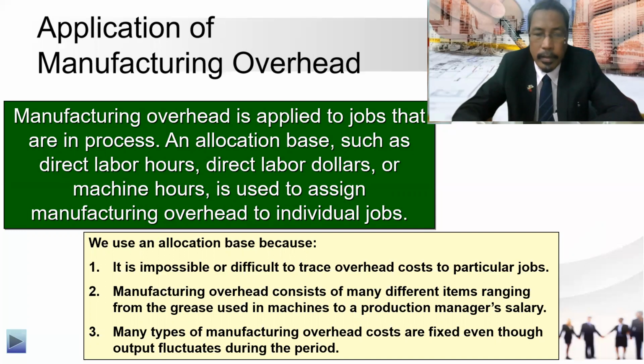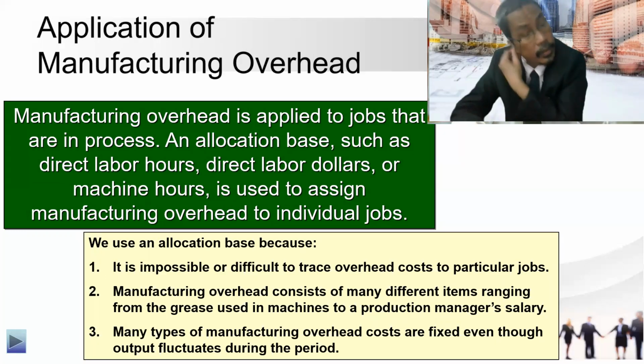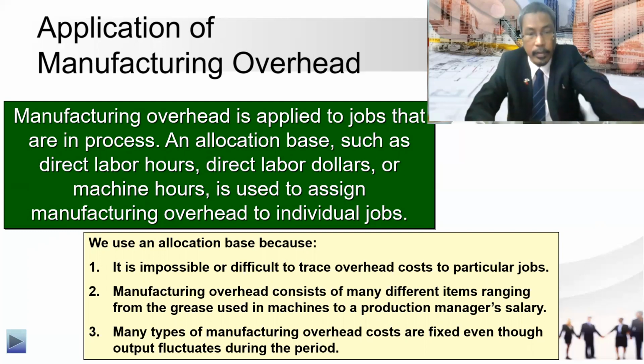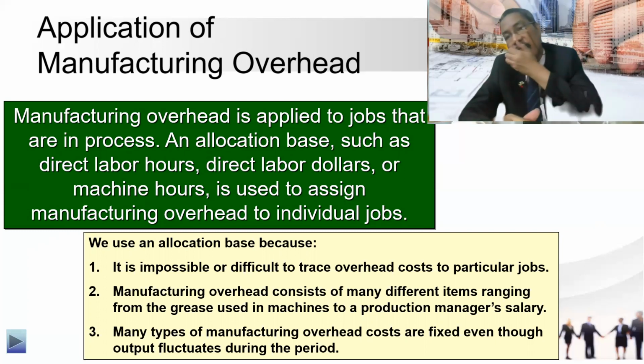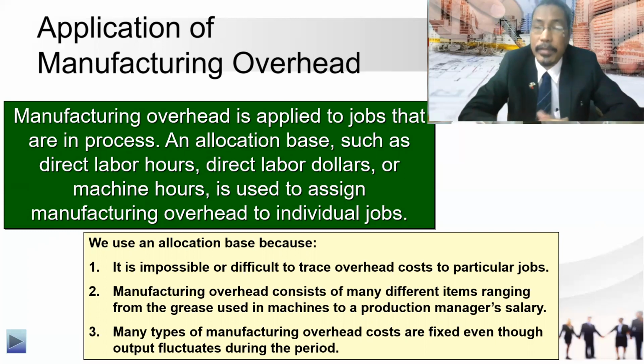And number 3, many types of manufacturing overhead cost are fixed even though output fluctuates during the period. We will just use the fixed one, even though in actuality, for example, the processing of a job order for PAL or a Boeing airplane would take about 1.5 years.